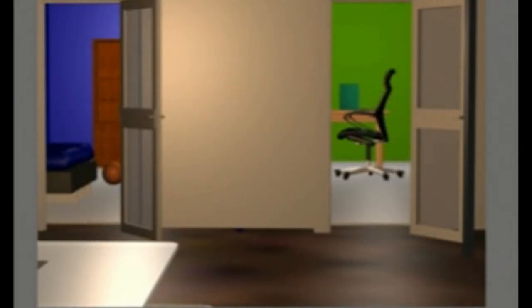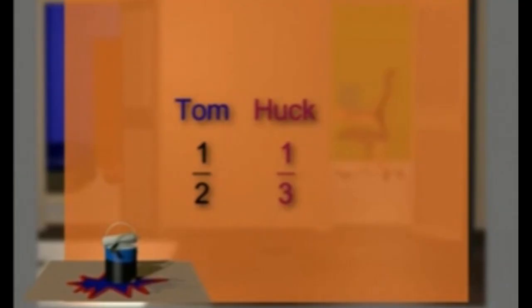It must take less than 2 hours because Tom can do it alone in 2 hours, but Huck is helping him. You can solve the problem by first thinking about what happens in just 1 hour. In 1 hour, Tom can paint half the room because it would take him 2 hours to paint it all. Similarly, in just 1 hour, Huck can paint 1/3 of the room, but you don't know how many hours it will take with them working together, so call the number of hours x.